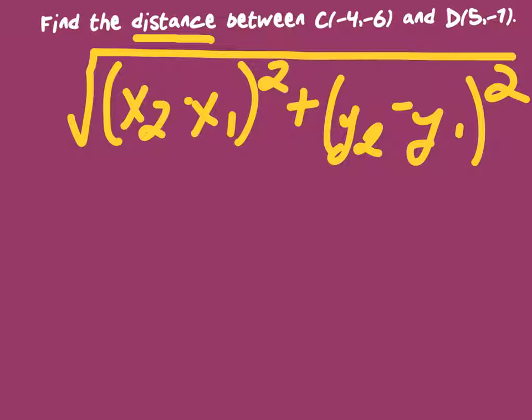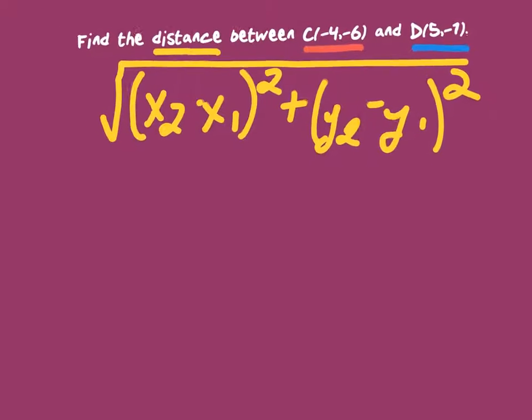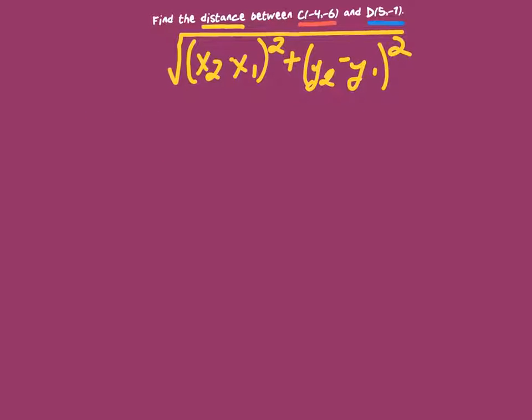And then what you're going to do is you're going to assign either C or D to be x2 and y2, and the other one will be x1 and y1. So just to make this simple, let's make this one x1, y1. Let's make this one x2, y2. And it doesn't matter which one you choose as long as you remain consistent throughout the whole problem. You cannot change it once you start.